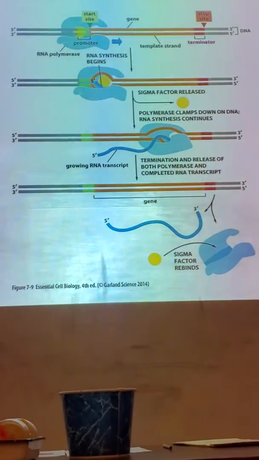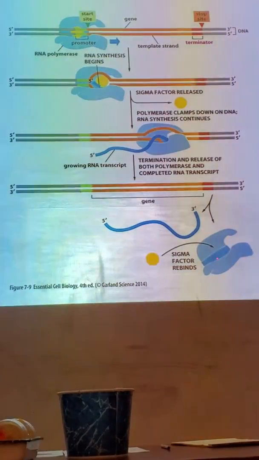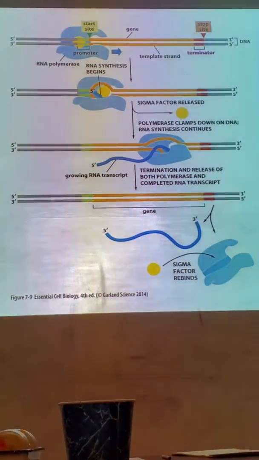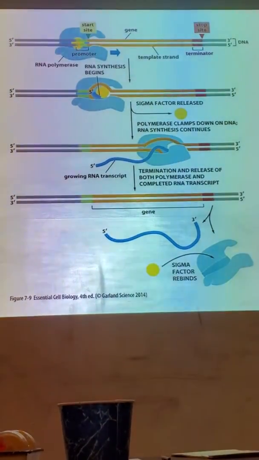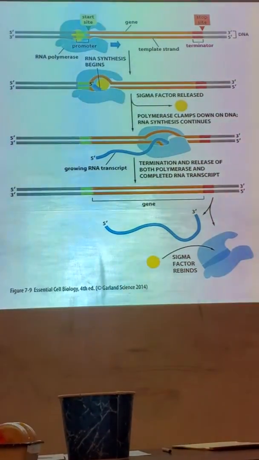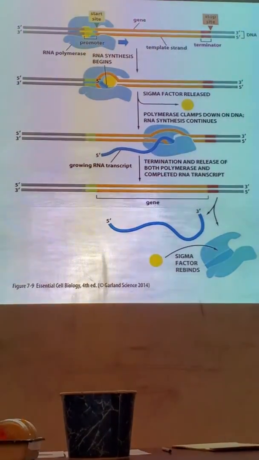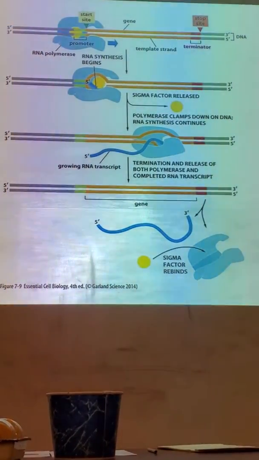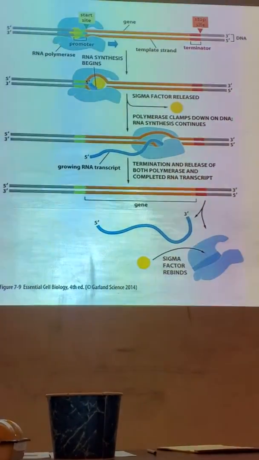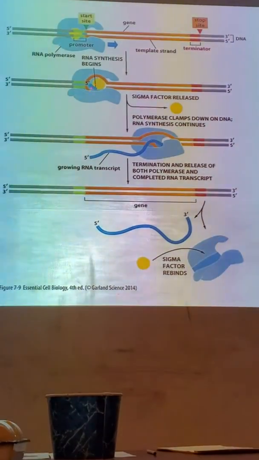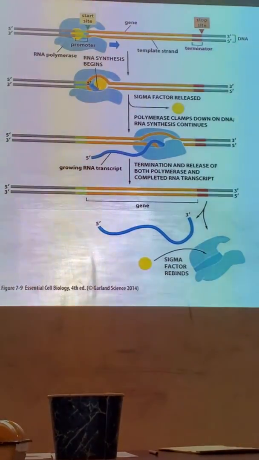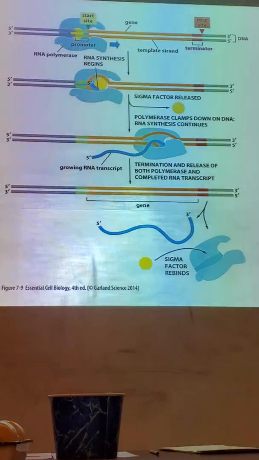In fact, it takes sigma plus RNA polymerase in a prokaryote to find the promoter and actually stick to it. Once sigma brings RNA polymerase to that site, and it's sigma that touches the promoter sequence and identifies it, then when the double-stranded DNA opens up, transcription begins, sigma gets released.